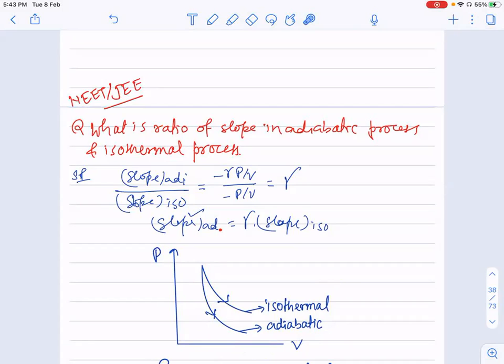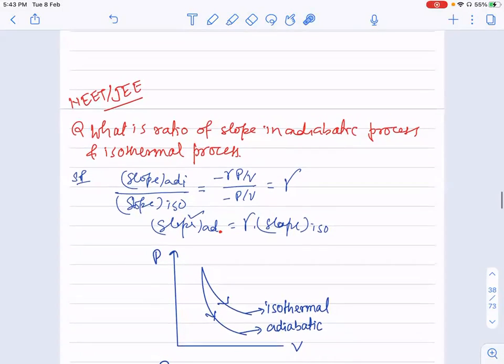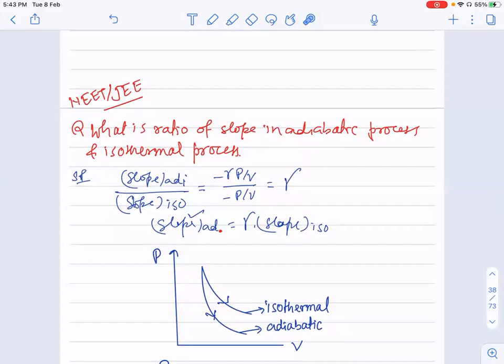By seeing the area we can write. So let's see that question. Okay, no problem till here.